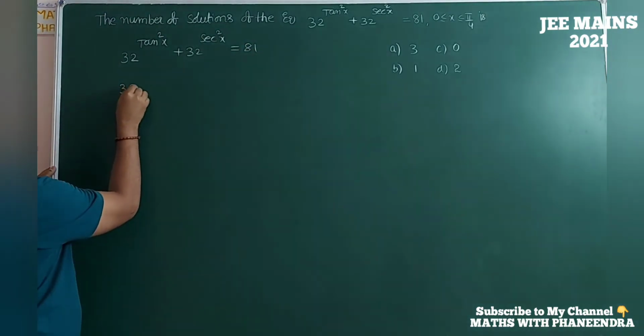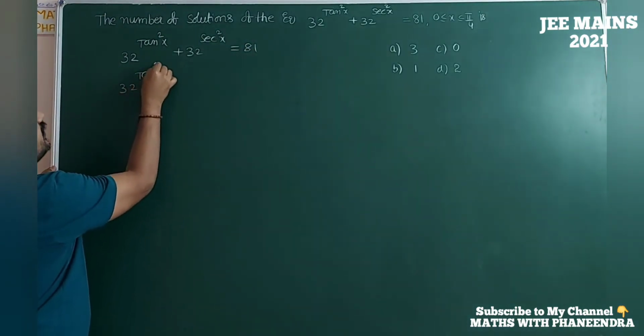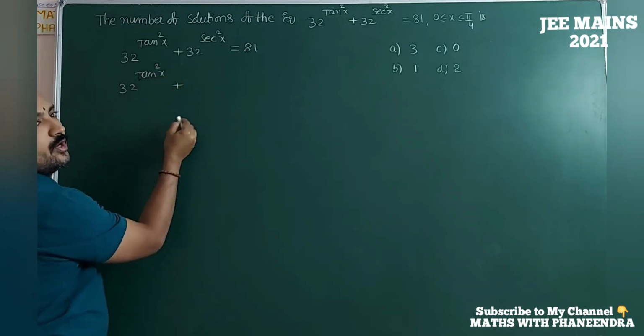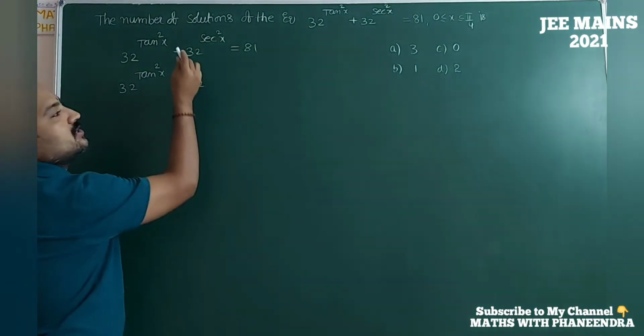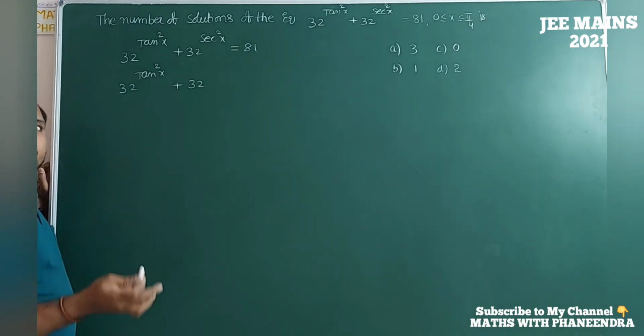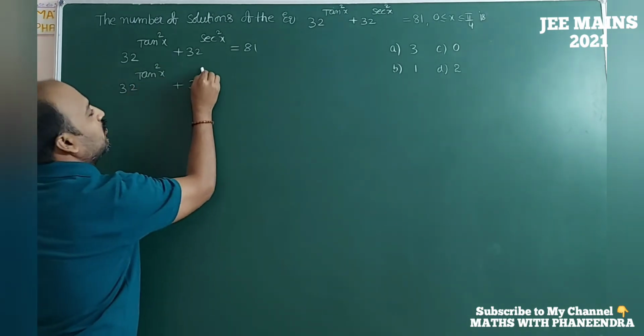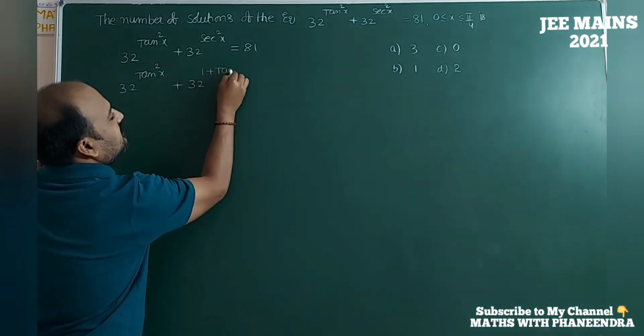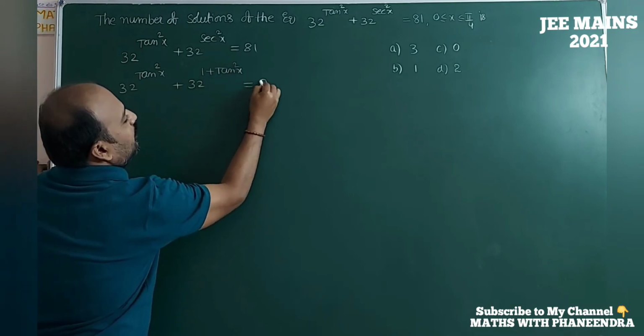Secant square x in terms of tan I am going to write: secant square x minus tan square x equal to 1, so secant square x equal to 1 plus tan square x.